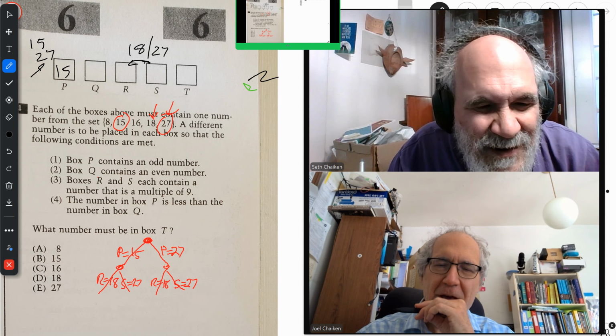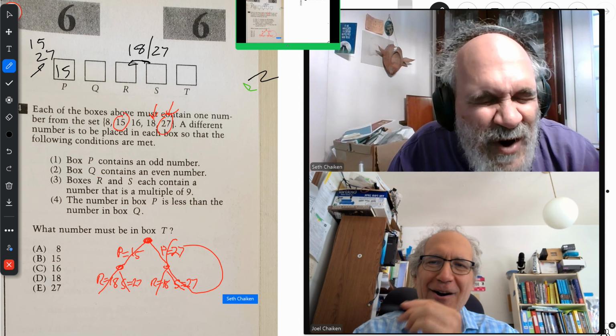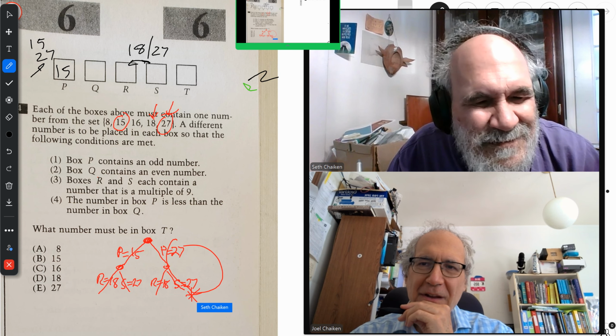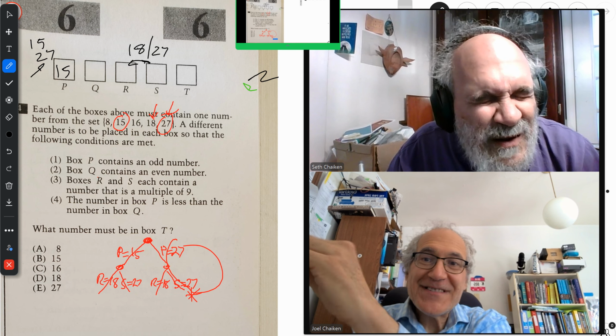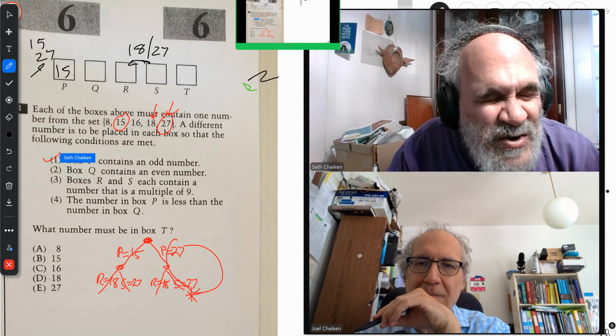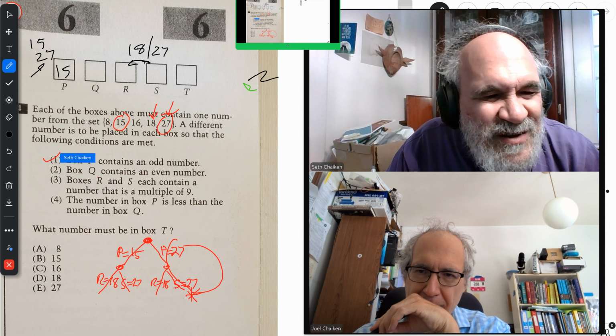Good. So this branch is closed off. Now I wonder if it's even going to matter whether R and S is 15. We checked condition 1 and condition 3.